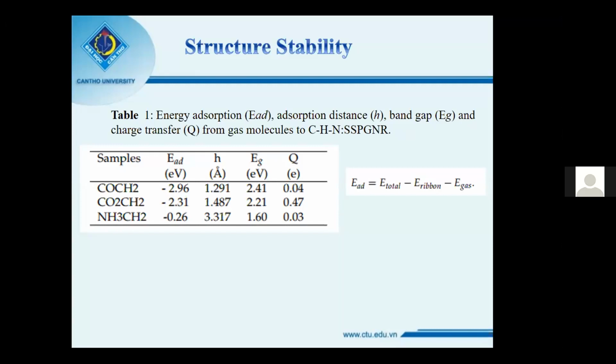The absorption distance of CO2 and absorption nitrogen pseudospectral nanoribbons doped with nitrogens are more capable of chemical absorption, while ammonia absorbs on pseudospectral nanoribbons doped with nitrogens is more likely to absorb physically.